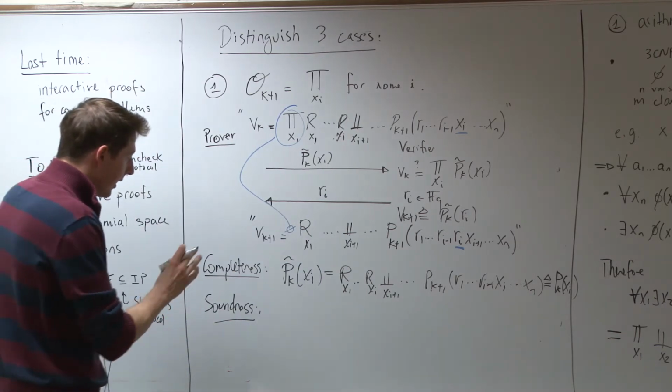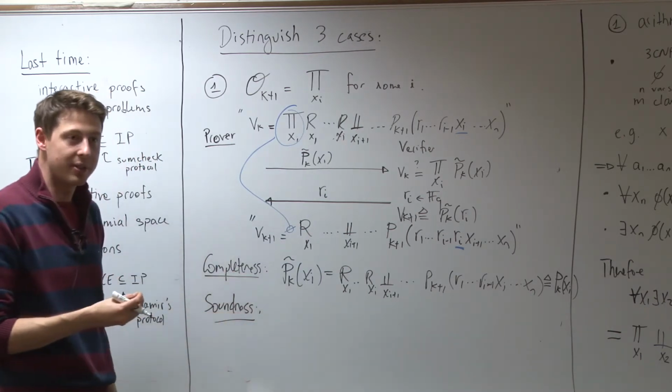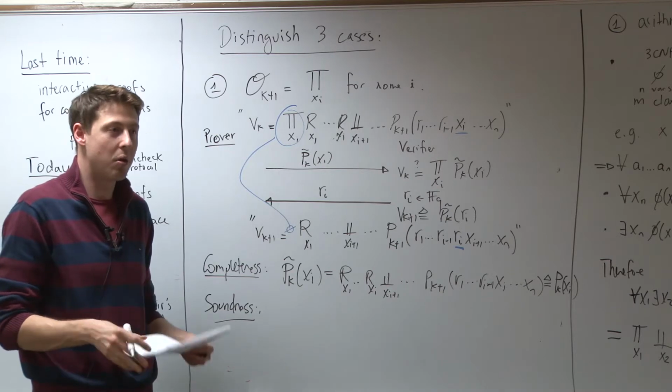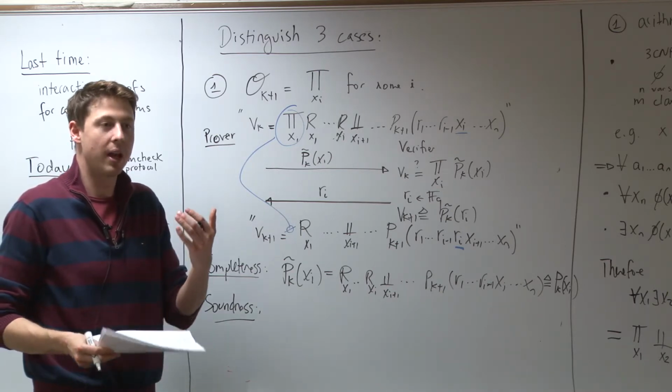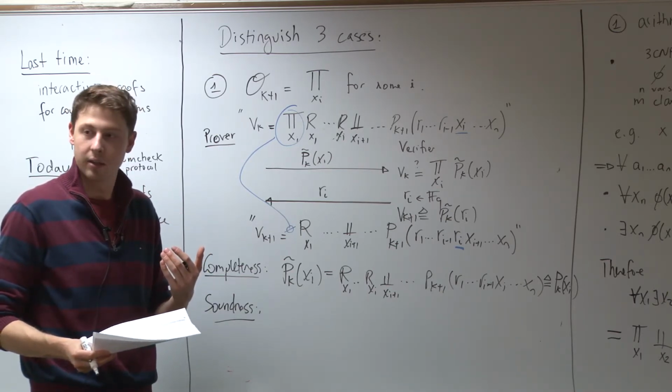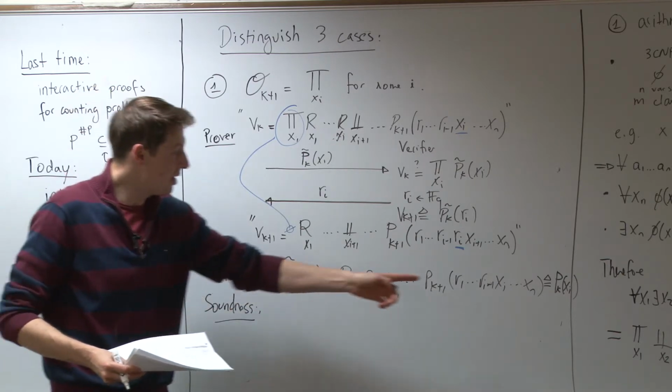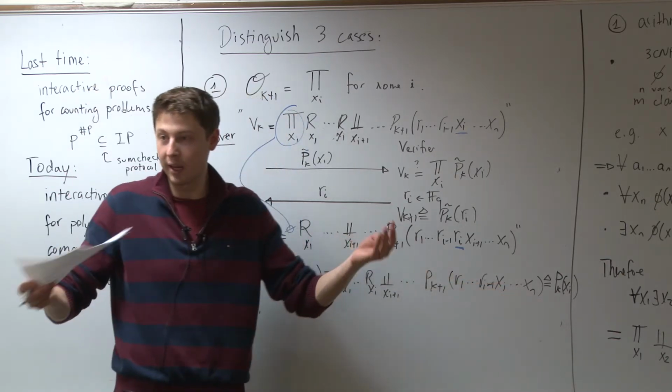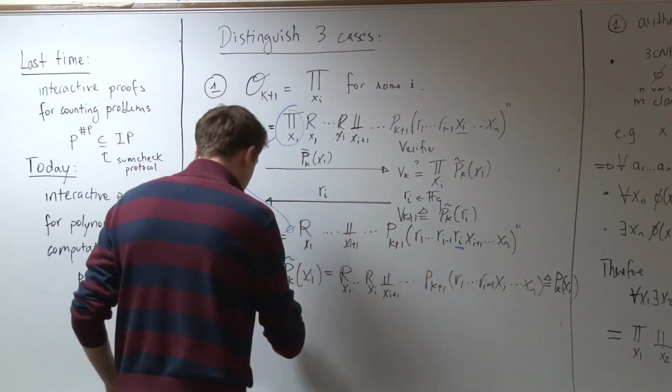Now, as a prover, in the soundness case, there are two things the prover could do. Either he sends this specific polynomial or something else. Let's look at those two cases.